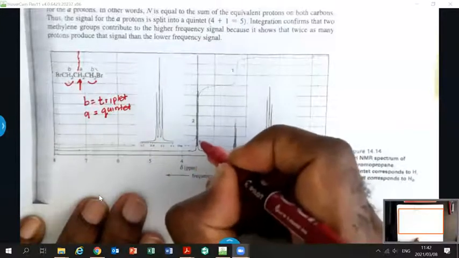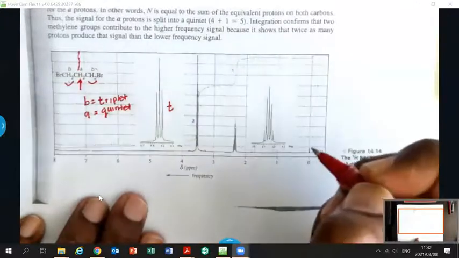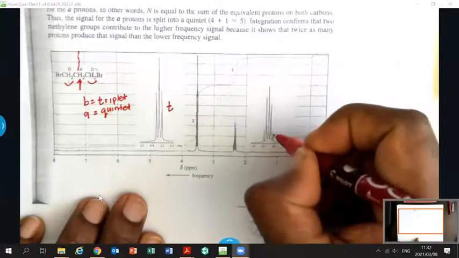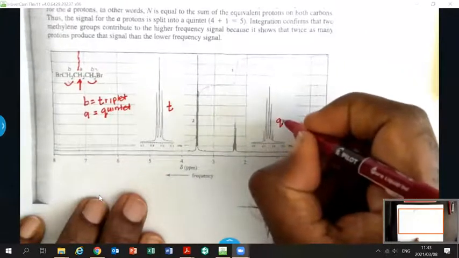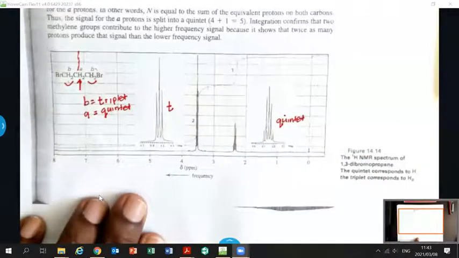And can you see that this peak expanded is the triplet? And this peak expanded is the 1, 2, 3, 4, 5 lines, and this is the quintet. That's a quintet, not a quartet, because there are 5 lines here and 3 lines here, so that's the triplet.